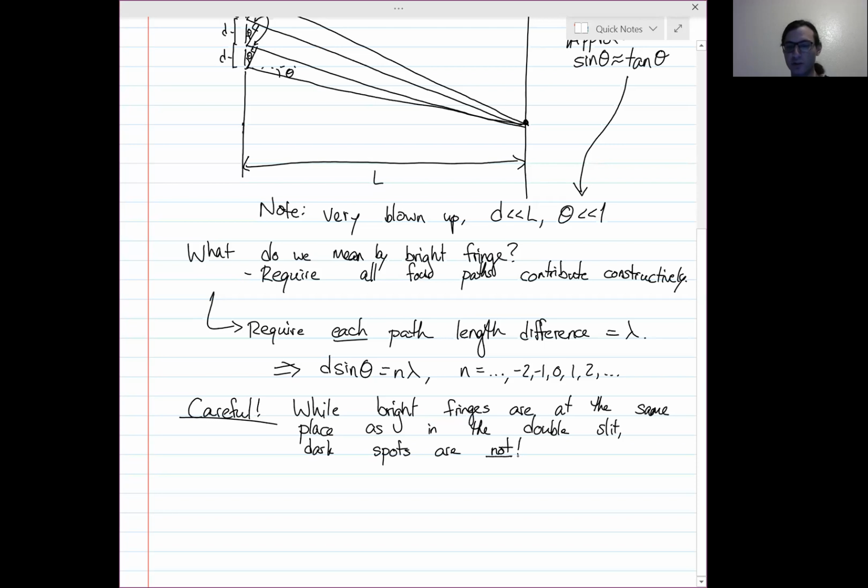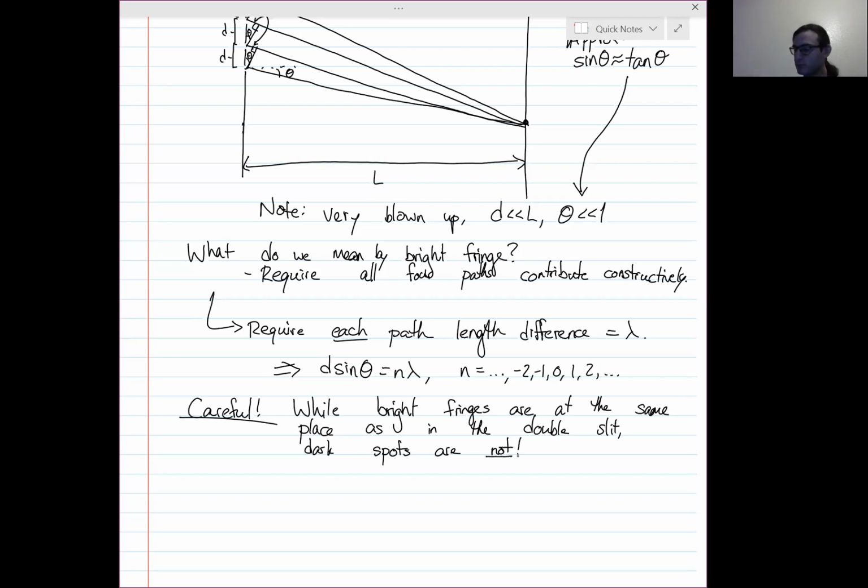And perhaps that's not so surprising, right? If we have 4 sources all contributing constructively at one location, then in order to have energy conservation, you would expect that you'd have 3 dim spots, so that the total energy, the total power, is the same as if it were equally spread out.